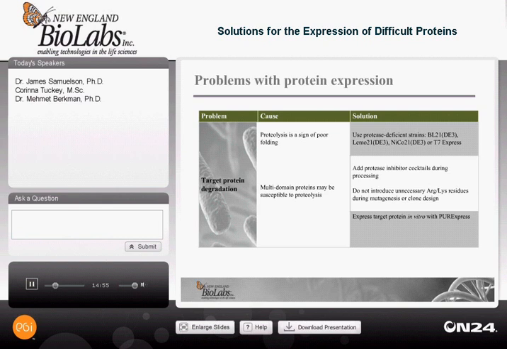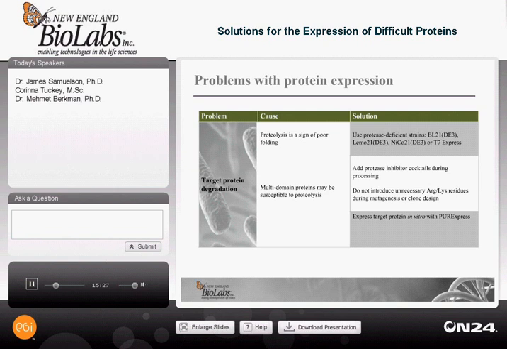Since proteolysis can be a sign of poor folding, you could adjust the culture conditions or change host strains to try to improve folding and therefore reduce proteolysis. Other solutions are obvious, such as adding protease inhibitors during processing, and if you're expressing a multi-domain protein or a fusion protein, do not introduce unnecessary arginine or lysine residues within linker regions during mutagenesis or clone design.